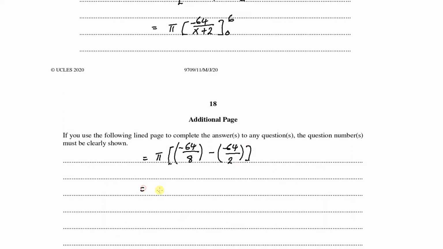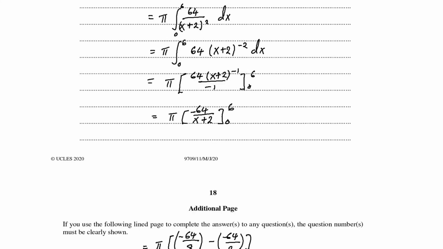Which is pi of 64 over 8, that's minus 8, plus 64 over 2, that's 32. So minus 8 plus 32 is 24. So we have 24 pi here. So we now have the volume generated by the curve.